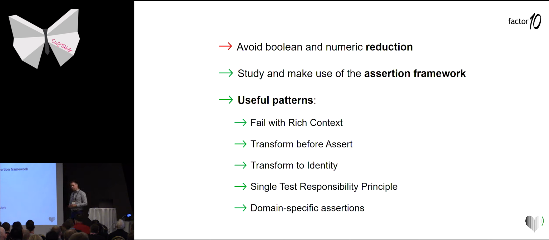The single test responsibility principle, where our test fails for a single reason, and it's not just about the number of assertions, it's about what is asserted and how can it fail. Domain-specific assertions for really good readable tests that also fail in a good way.